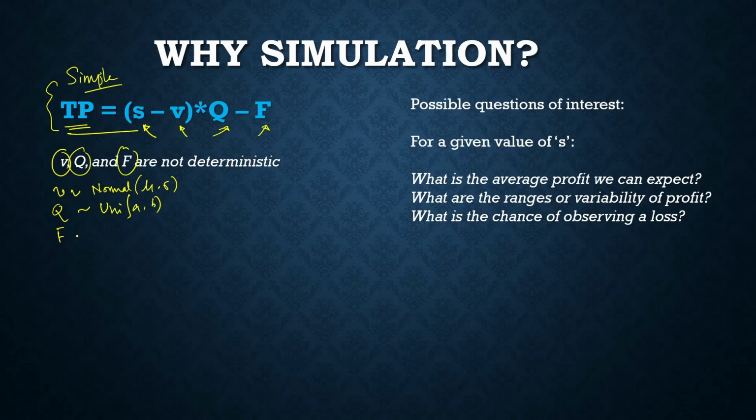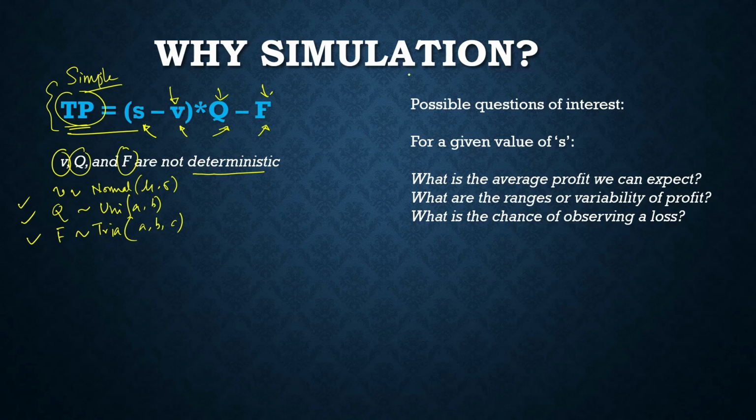Fixed cost may follow some other distribution, say triangular distribution, something like that. These are all examples only. So first of all, the complexity comes from the point that these variables are not deterministic in nature, they are probabilistic in nature. So you cannot just input one value for v, one value for q, and just one value for F in order to calculate total profit, right?